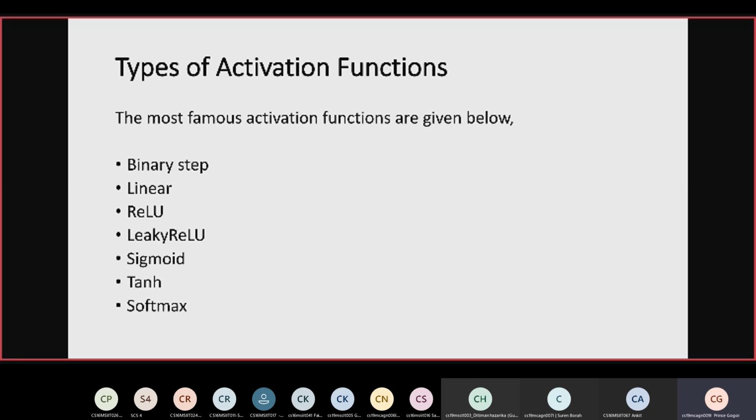To solve this problem, we have leaky ReLU. So we can use leaky ReLU function instead of ReLU to avoid this underfitting. In leaky ReLU function, the range is expanded, which enhances the performance.